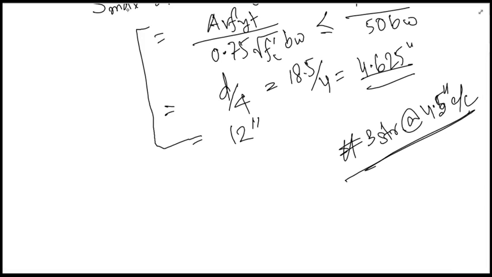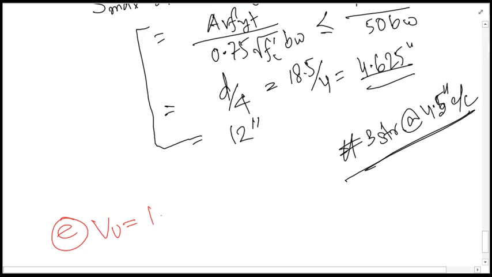And what will be the case when Vu equals 150?